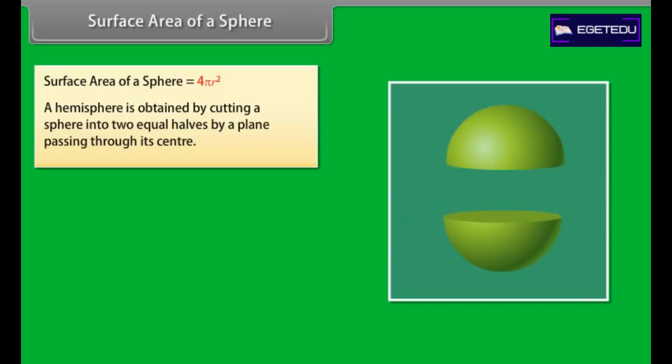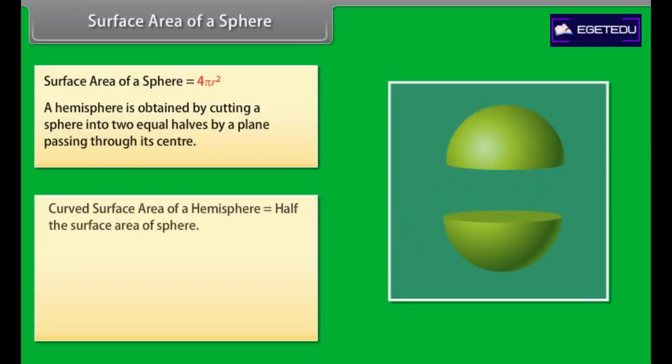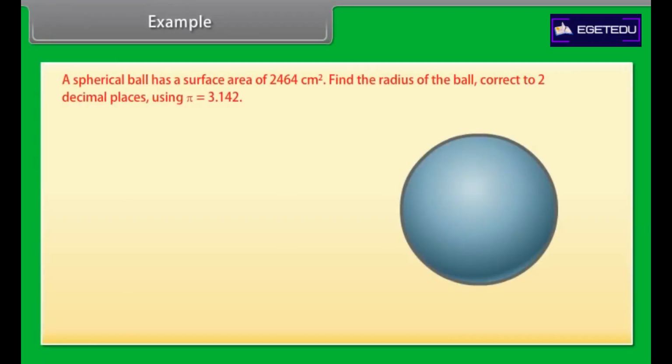Therefore, by substituting the values we get, surface area is equal to 3.14 into 10 into (10 plus 15). By solving this, we get surface area as 785 square meter. Therefore, the surface area of the right cone is 785 square meter.